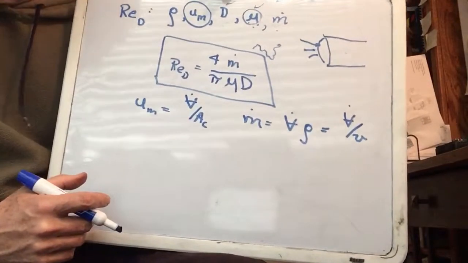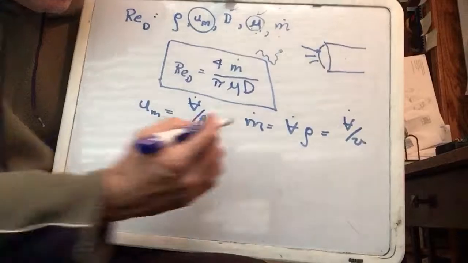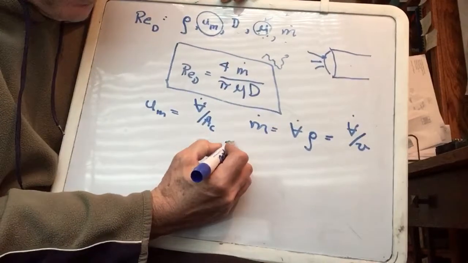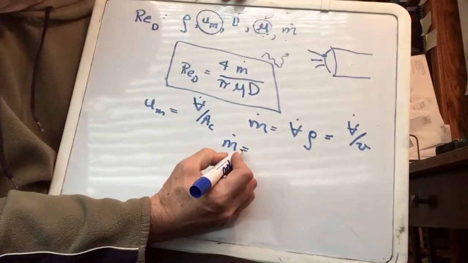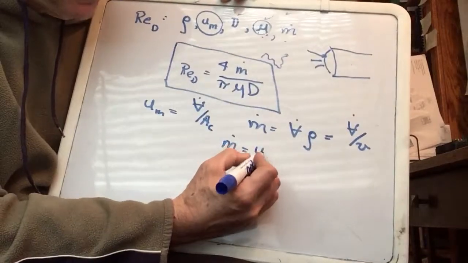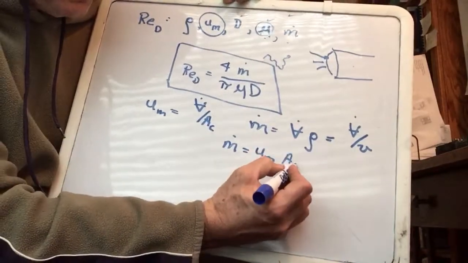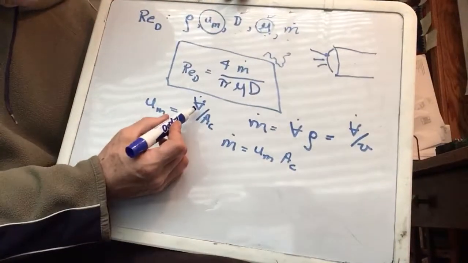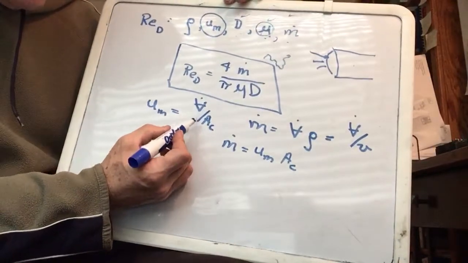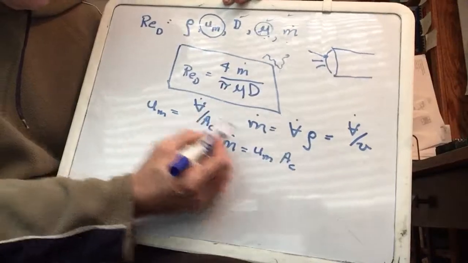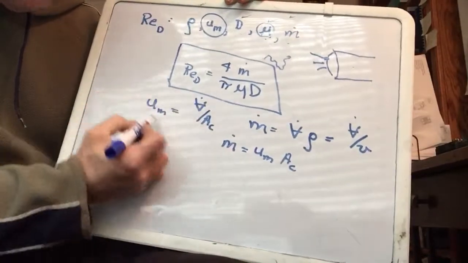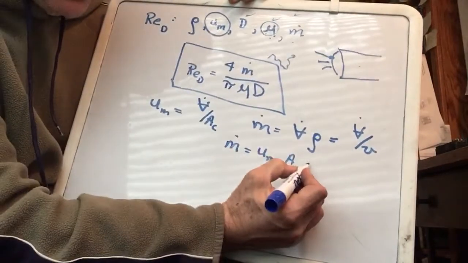Putting some things together, here are some other relationships that end up being useful. We can get our mass flow rate by taking our average speed and multiplying it by the cross-sectional area. Average speed times cross-sectional area gives us our volumetric flow rate, as you can see from this relationship right here, and then we multiply it by our density.